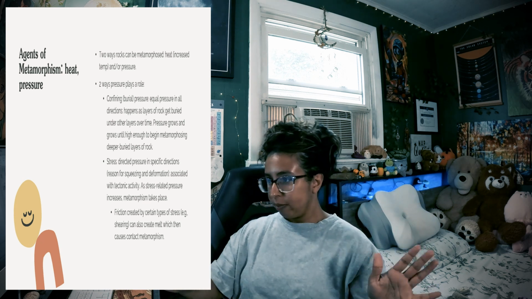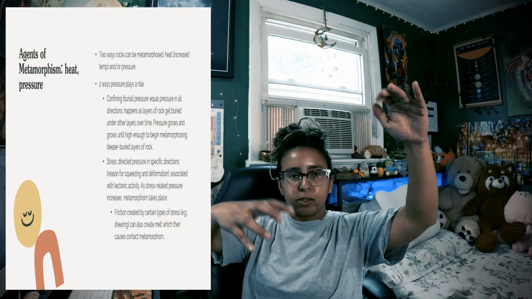As sedimentation occurs and more layers of rock are deposited on top, it pushes the lower layers down thanks to gravity, and they go deeper and deeper, which means they undergo more pressure, and that can cause metamorphism.